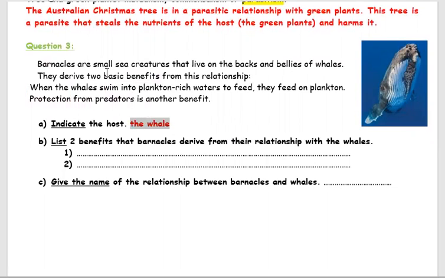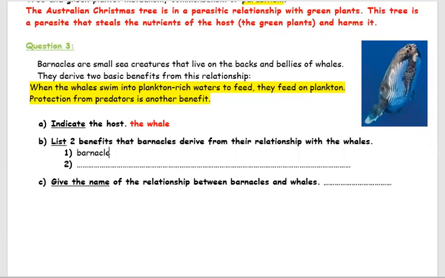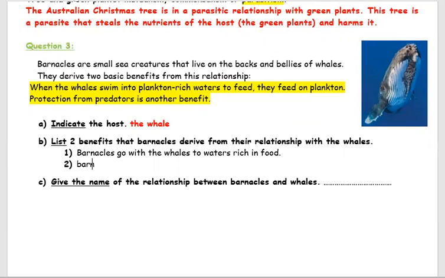Barnacles benefit. How do they benefit? Here we have the answers. When the whales swim into plankton-rich waters to feed, barnacles feed on plankton. So we will say barnacles go with the whales to waters rich in food, and barnacles get protected from predators.